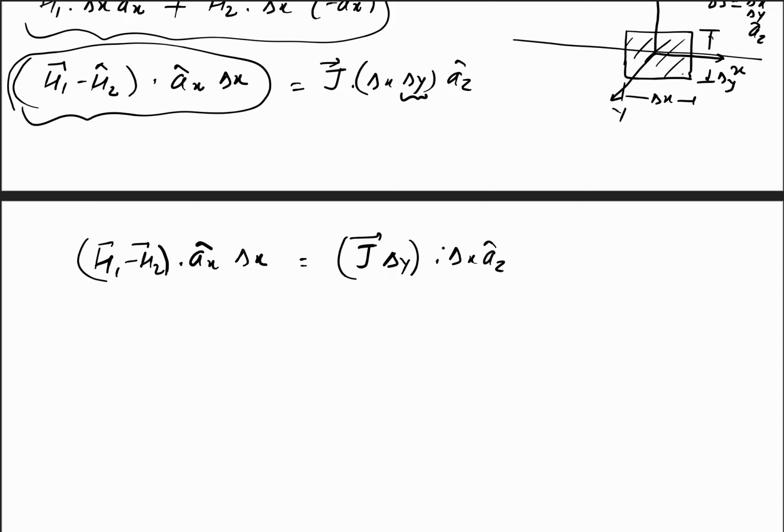The reason to do this is that we are assuming that this volume current density is such that even if this delta y tends to 0, the resultant is not going to be 0. It implies that the volume current density is kind of singular in nature, so that this multiplication is non-zero.